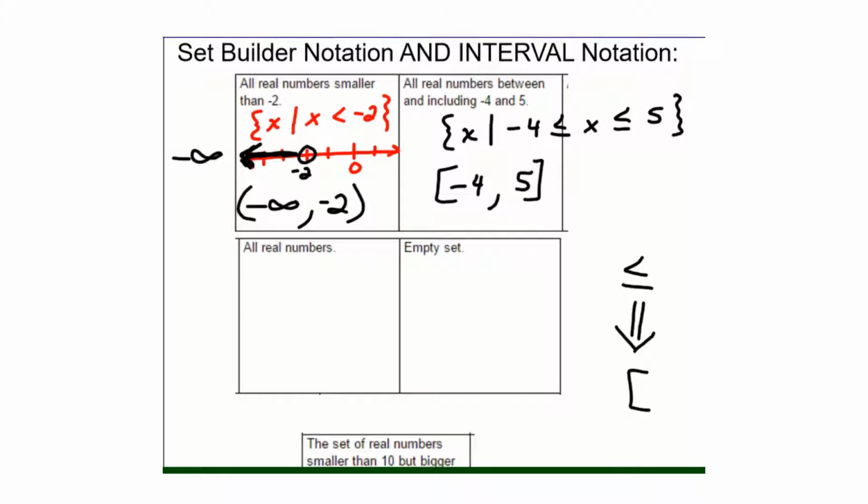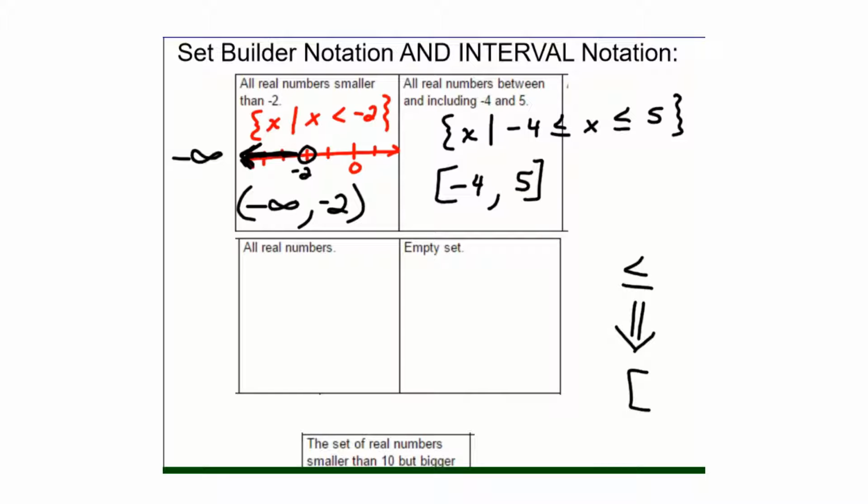So that's how we represent all numbers between -4 and 5, including -4 and 5, using interval notation. So that corresponds to that set builder notation. Interval notation is used all the time in calculus. So normally in pre-calculus, that's when we make that transition, but we're going to start making that transition earlier now.